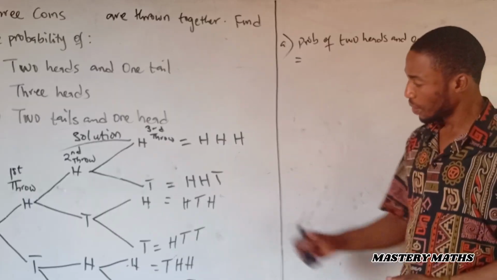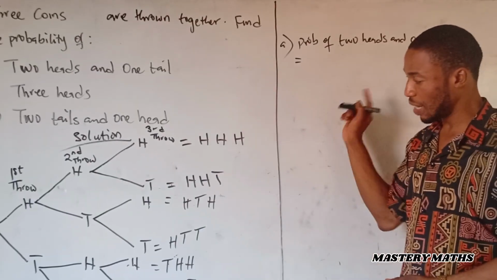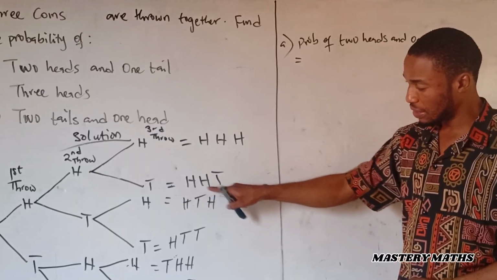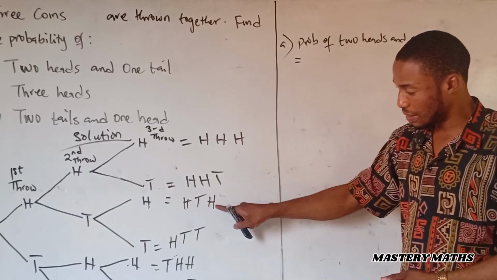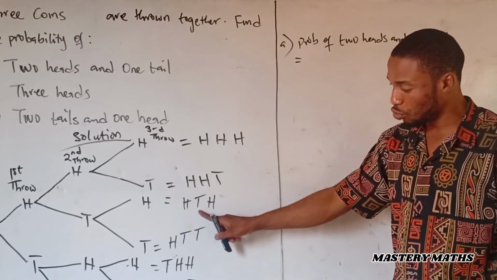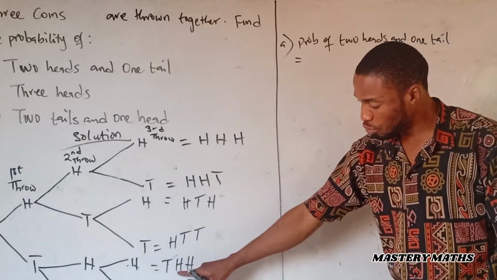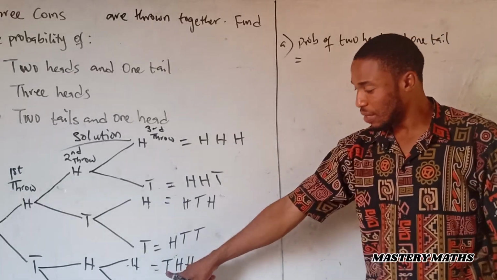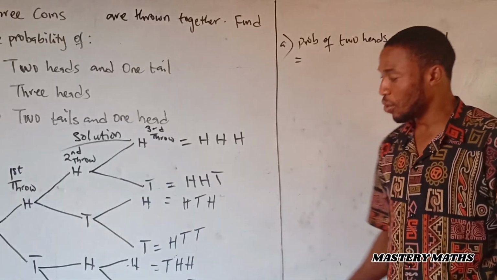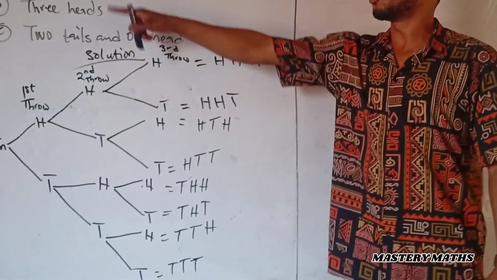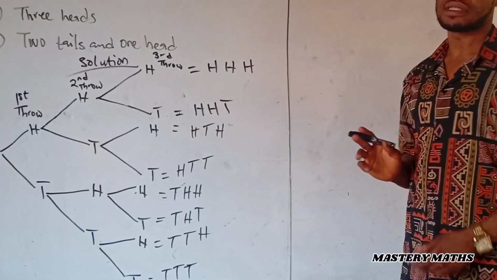Now let's check. Here you have 3 heads, it is out. Here you have 2 heads and 1 tail. So we've gotten 1. Now we have 2 heads again and 1 tail, that's 2. Then 3. So 2 heads and 1 tail appears 3 times.